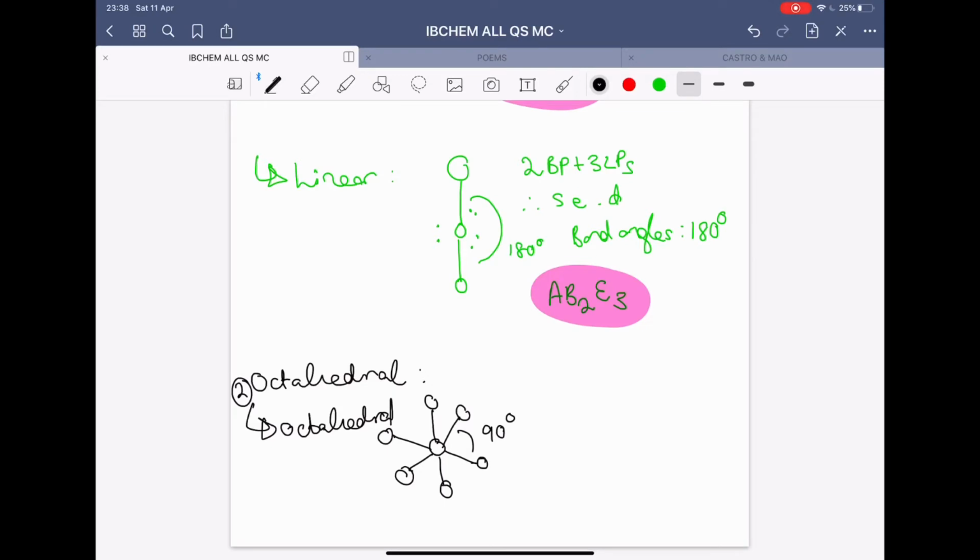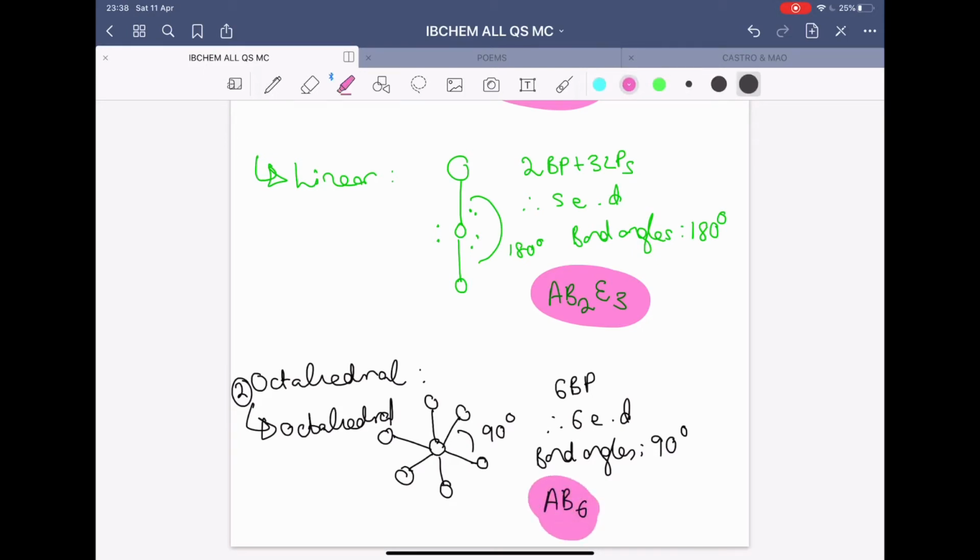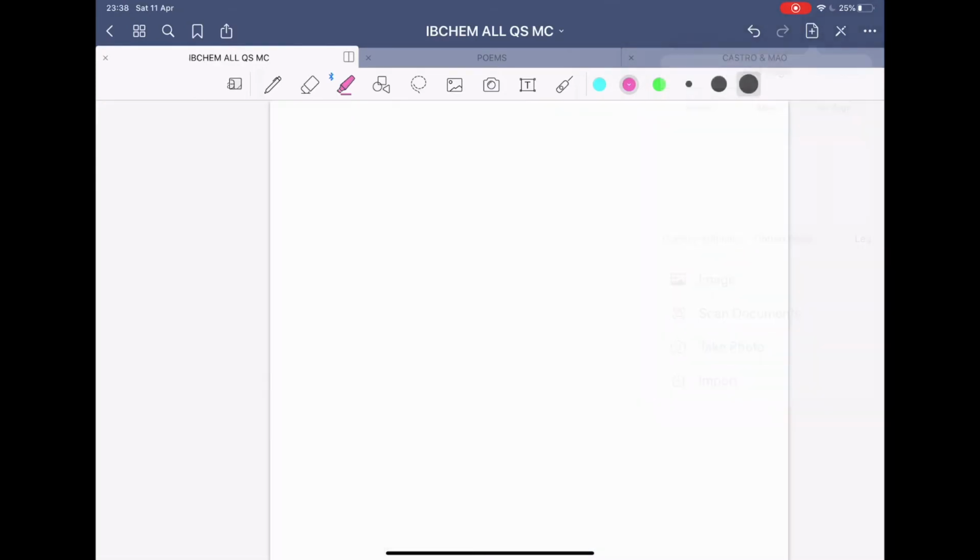In between the bond angles are 90 degrees. 6 bonding pairs of electrons, therefore 6 electron domains, therefore the bond angles are 90 degrees. I'm just writing everything out in clear for you. And the geometry is octahedral. So the overall structure of this molecule will be AB6.